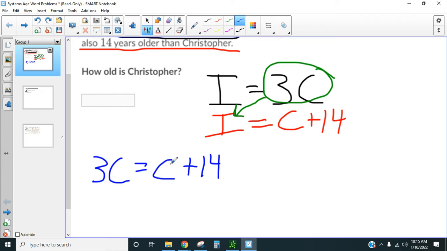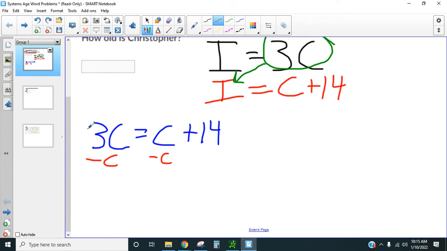Solve. Now, first step would be that's 2C, right? If I take away 1C, I get 2C. And then what's C?